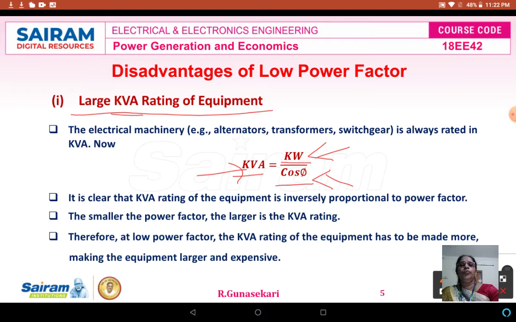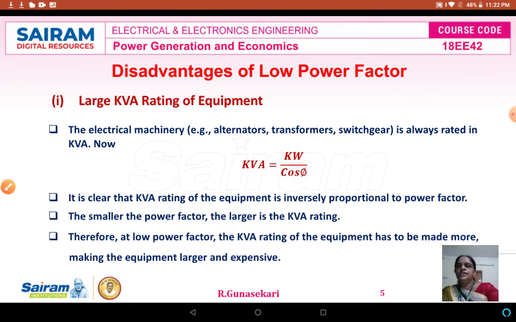Which equipment is rated in kVA? Alternators, that is AC generators or synchronous generators, transformers, and switchgear. These electrical equipment are rated in terms of kVA. The kVA rating is inversely proportional to power factor. From the formula you can see kVA is inversely proportional to power factor.